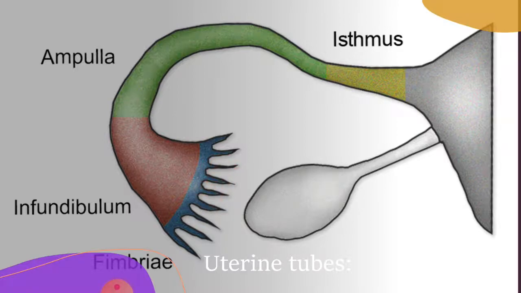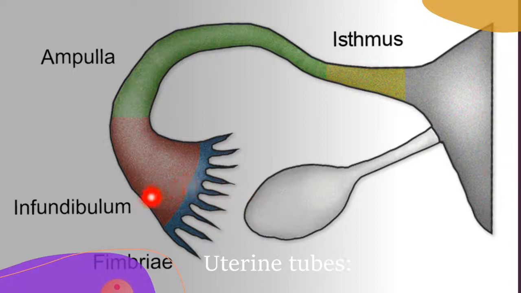As you know, the function of the ovary is to produce ovum, and these, as you can see, are in a very close association with the ovaries. So these fimbria will capture the ovum from the surface of the ovary when the ovary will release the ovum.